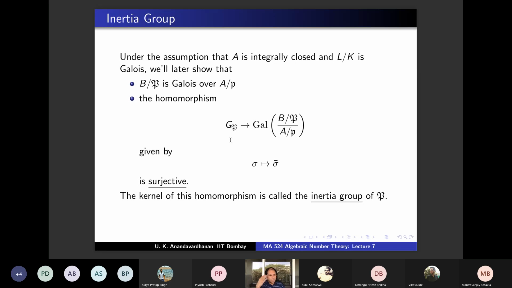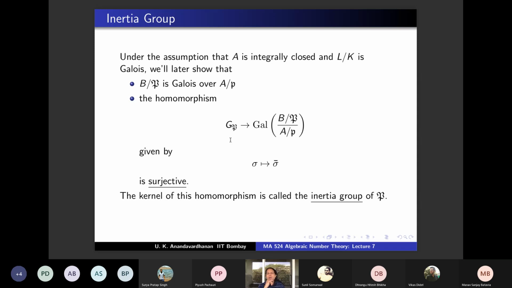So I have introduced the decomposition group. The Galois group acts on primes lying above a given prime, and the stabilizer of one prime P is called the decomposition group at P. From the decomposition group to the Galois group of B/P over A/P, you have this homomorphism, which happens to be surjective also.